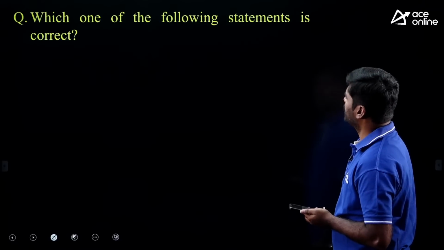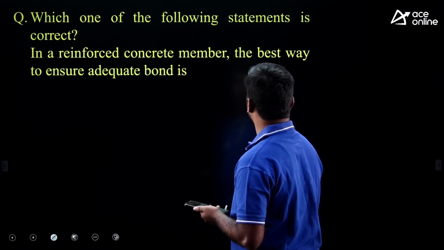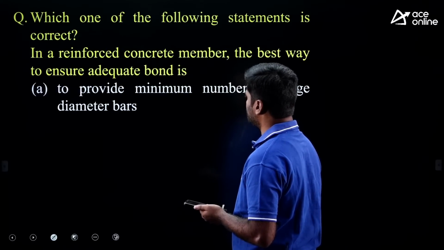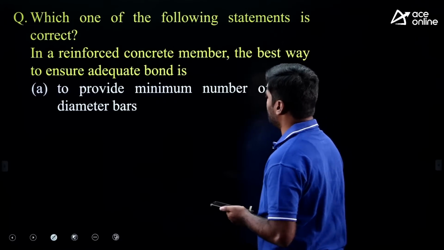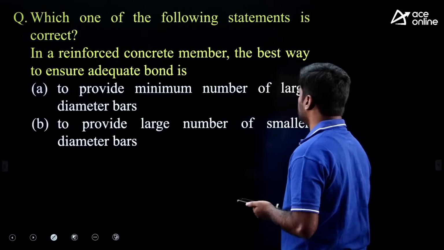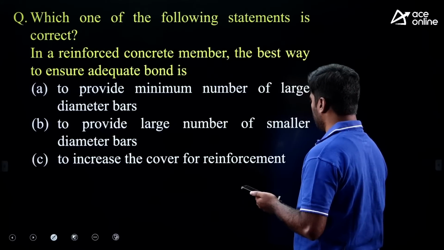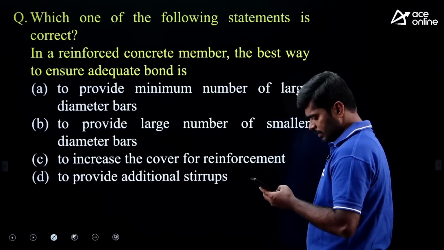Which one of the following statements is correct? In a reinforced concrete member, the best way to ensure adequate bond is: A, to provide minimum number of large diameter bars; B, to provide large number of smaller diameter bars; C, to increase the cover for reinforcement; D, to provide additional stirrups.